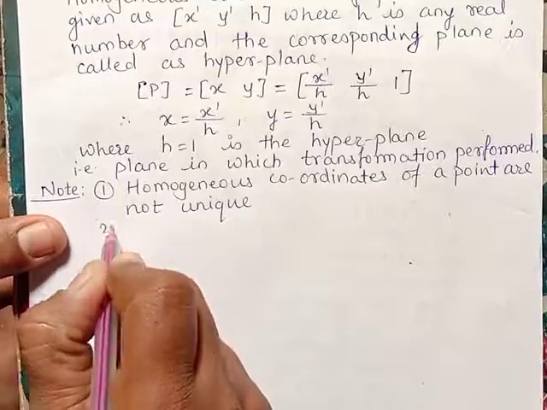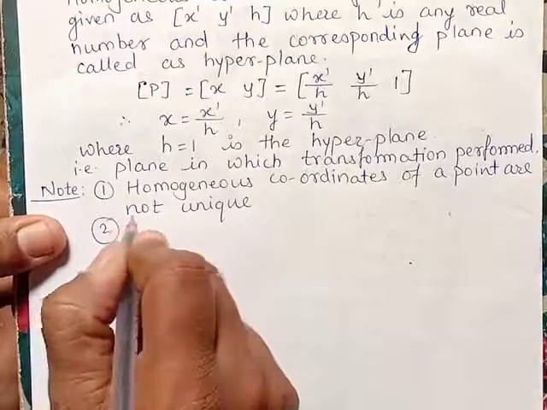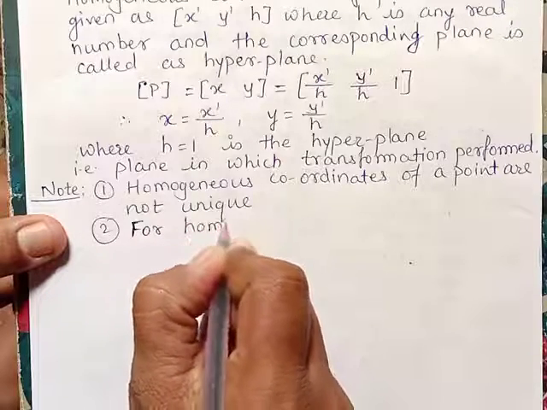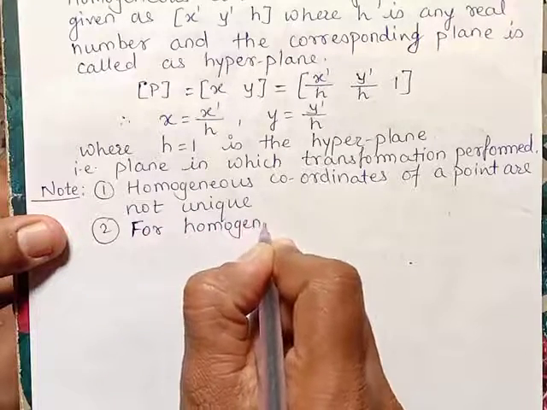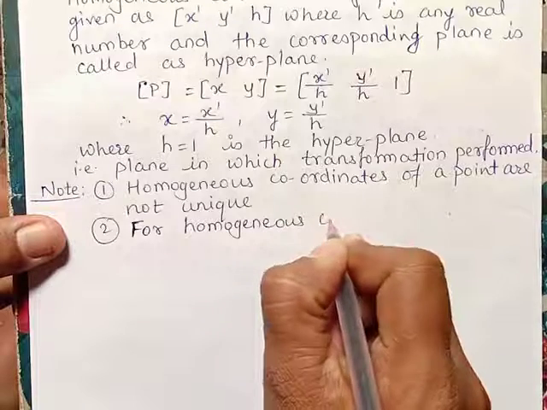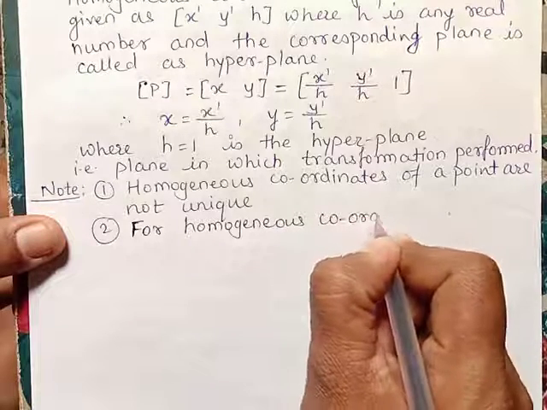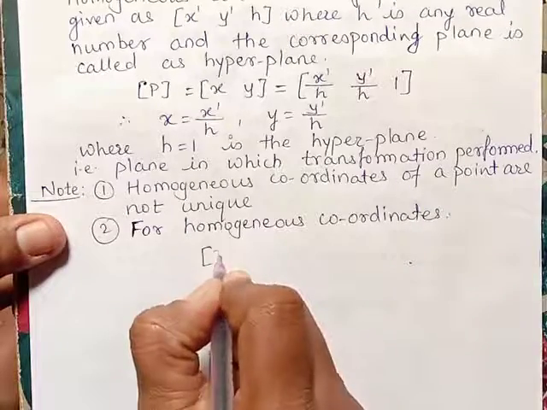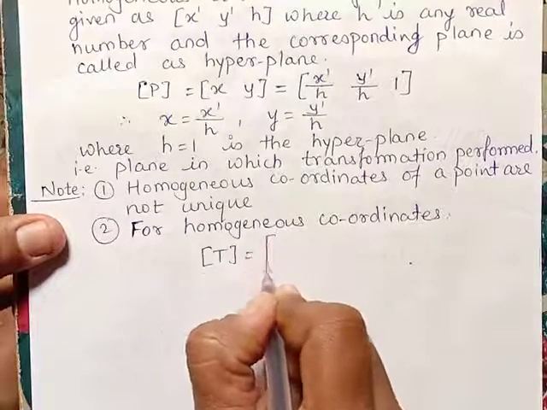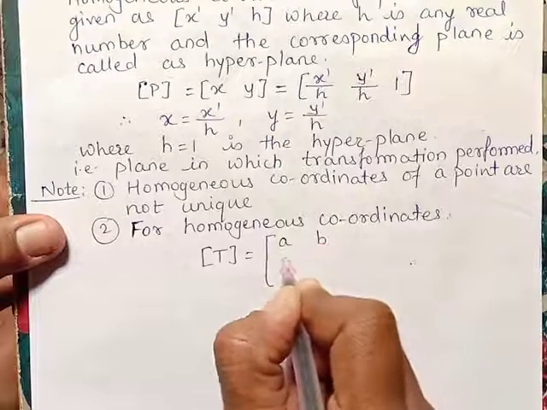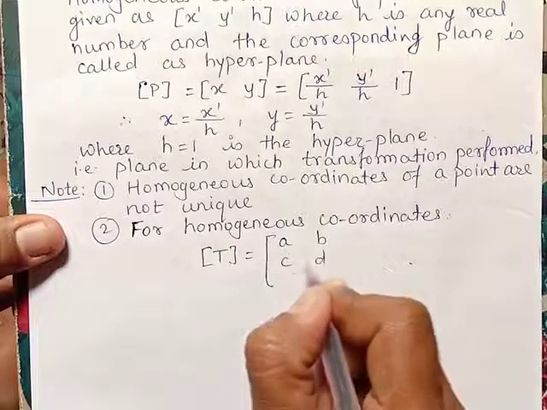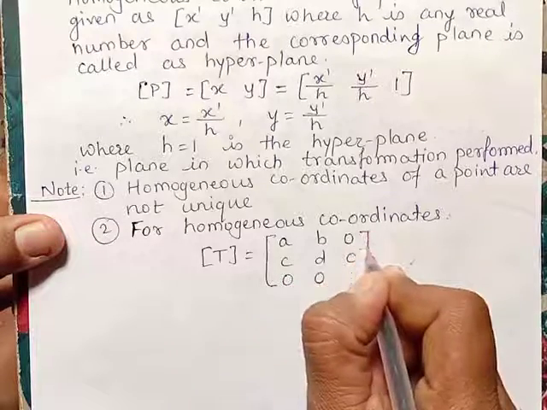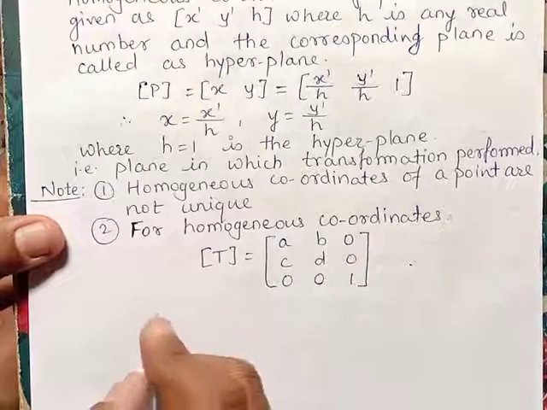Okay. The second note says, for homogeneous coordinates the transformation matrix T can be written as a, b, c, d as it is, and simply here we will write 0, 0, 1, and here also 0, 0 as such.